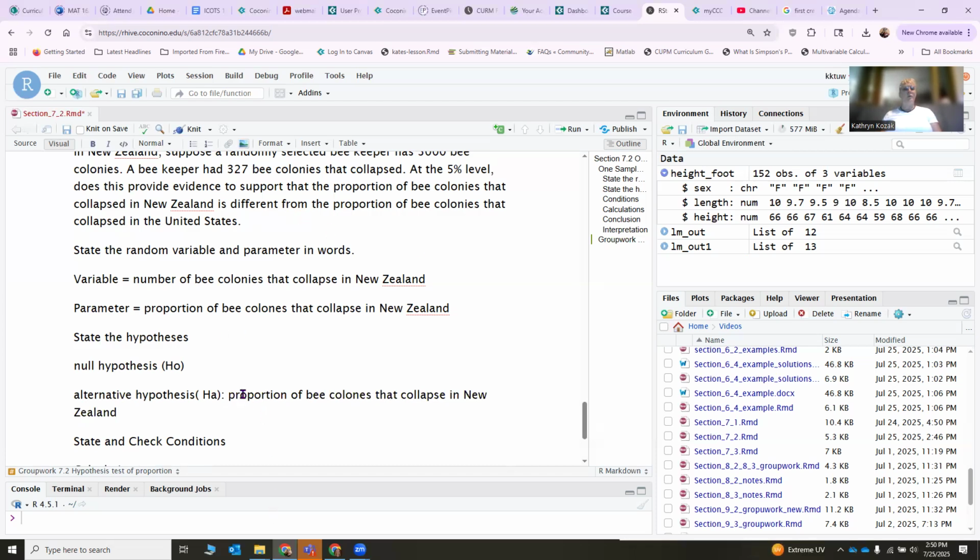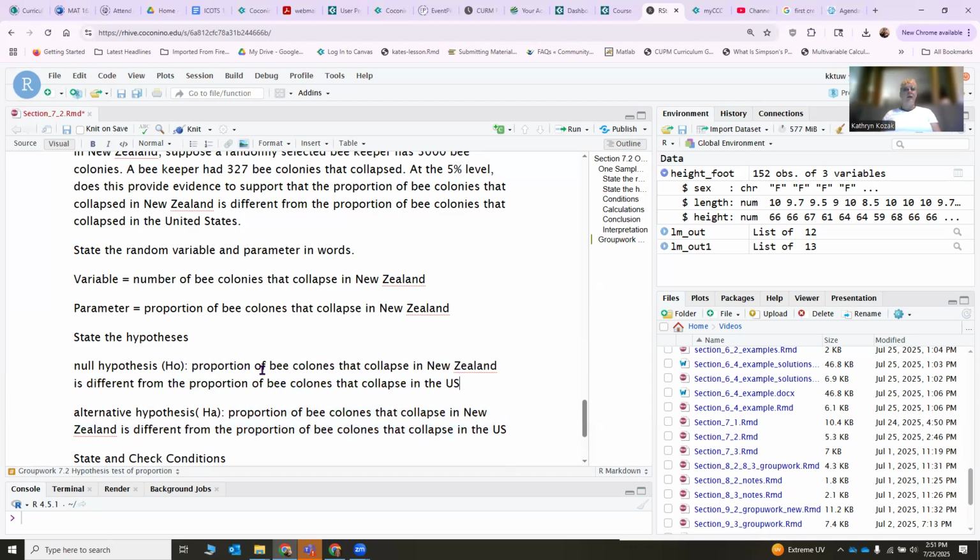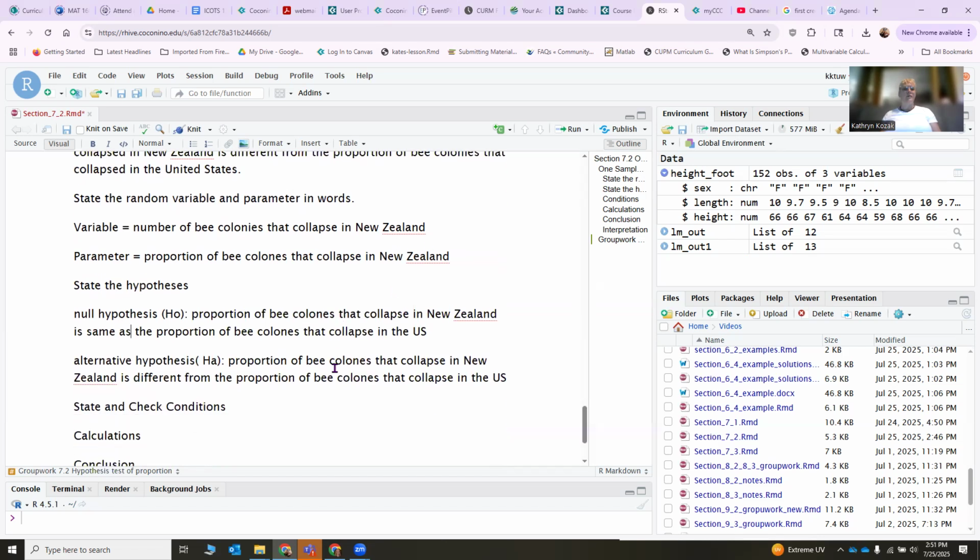I want to know if the proportion of bee colonies in New Zealand that collapse is different from the proportion of bee colonies that collapse in the US. My null hypothesis is always going to be equal to. So it's not different, it is the same as the proportion of bee colonies that collapse in the US.